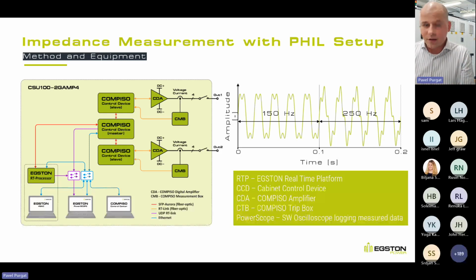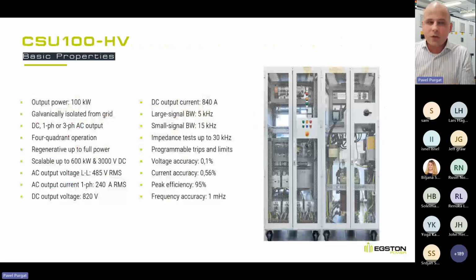To demonstrate this method, we have used our smallest unit, CSU 100, which is a 100 kilowatt unit that as standard comes with 4 power amplifiers on the output. So we have a phase modular approach, 1 power amplifier per phase. One advantage of this approach is, of course, the versatility of such a power amplifier.